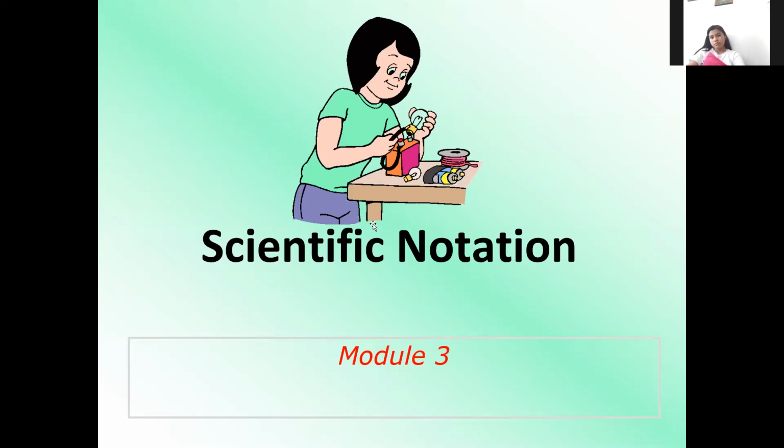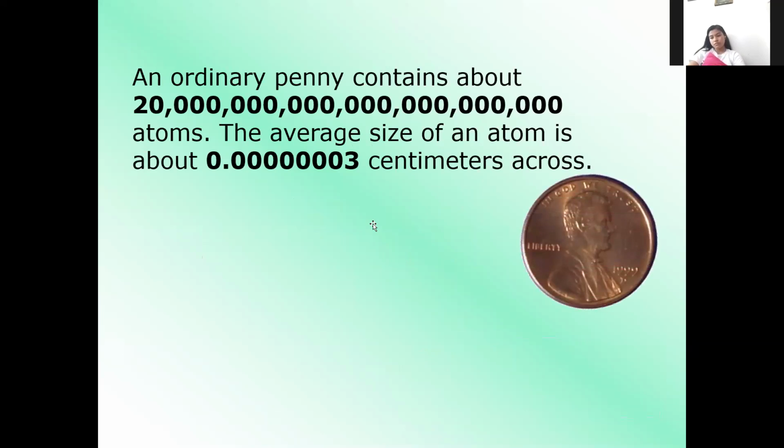For example, class, we have here an ordinary penny that contains about 20 sextillion atoms. Imagine that. So the amount of atoms present in one penny is 20 sextillion.